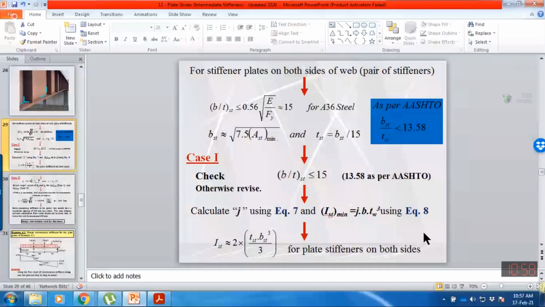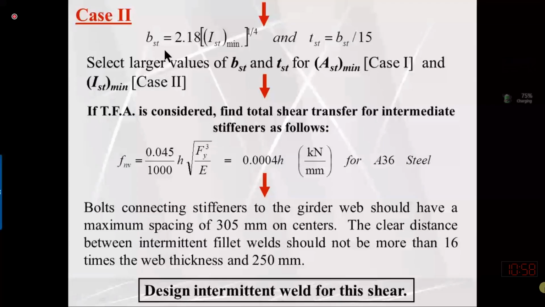When you determine the updated b value, then you will determine the updated thickness of the stiffener by maintaining the b over t ratio less than or equal to 15.